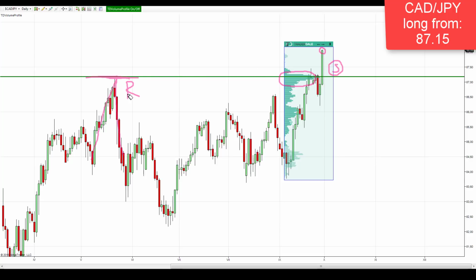So we have price action confirmation, we have resistance becoming support, and we also have a volume-based setup that both confirm this long level. So I think that's a pretty strong level to go long from. Let's just wait for a pullback and I'll go long from there.